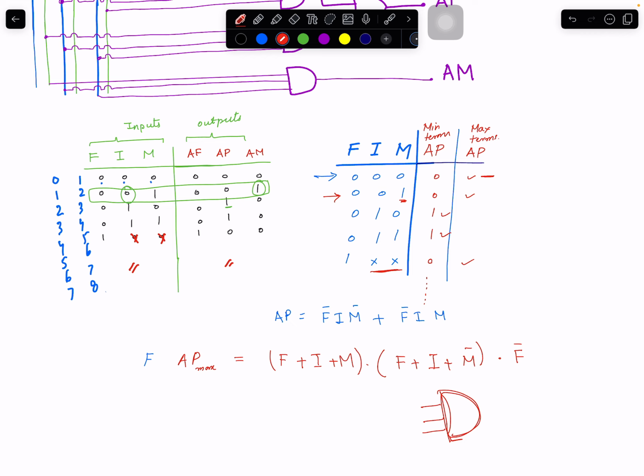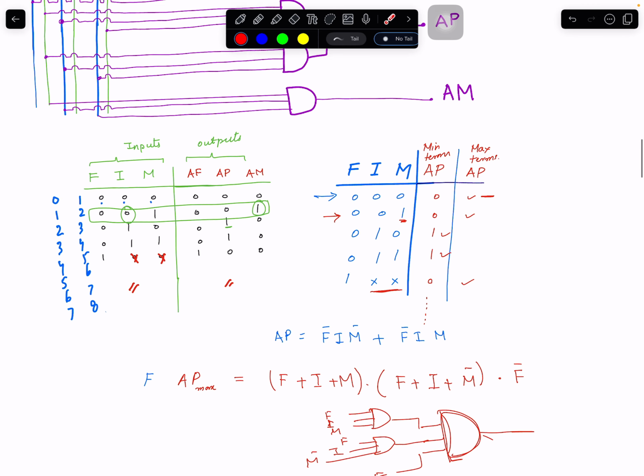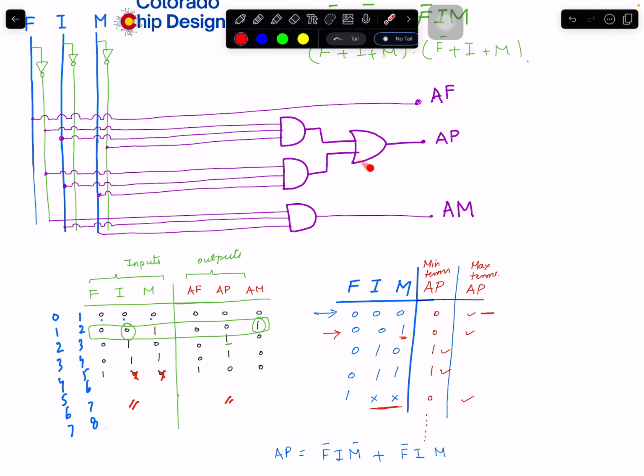3. Sorry, still drawing that thing. And with 3, and there is OR. There's OR, F, I, M, F, I, M bar. This one's F. So you are using a bigger gate, a 3 input, as opposed to here your 2 input.